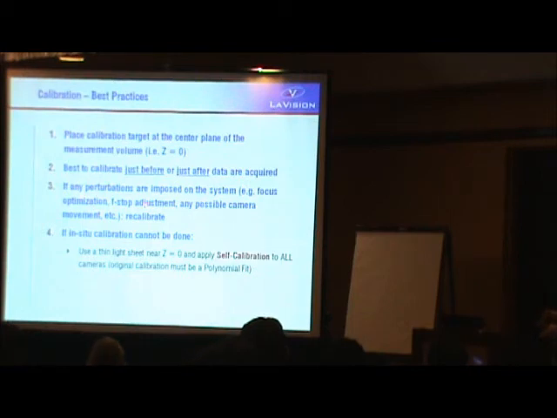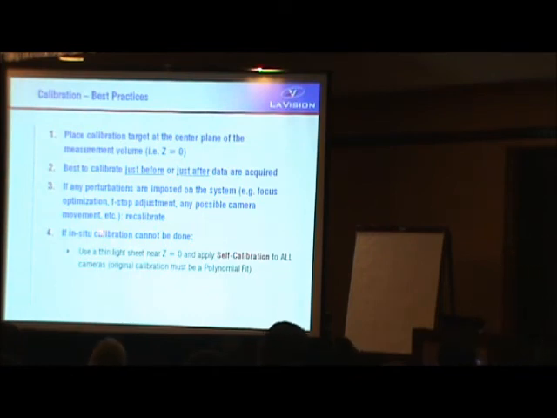If you do make any perturbations to the system, you tweak the focus of a camera lens, you change the f-stop because one camera is brighter than the other, you should recalibrate. Anytime you touch any part of your system, something's going to move. These lenses that are commonly used aren't very rigid, and if you touch them, those lens elements will move, which will translate into some movement on your pixel array.